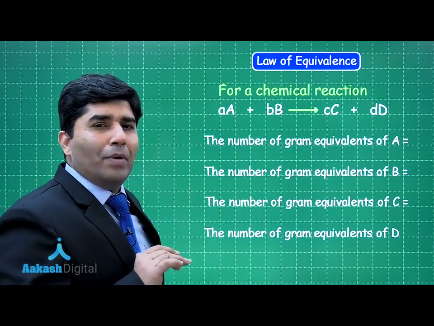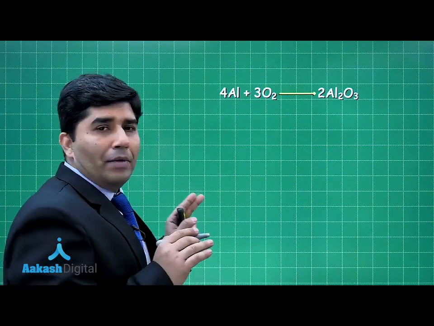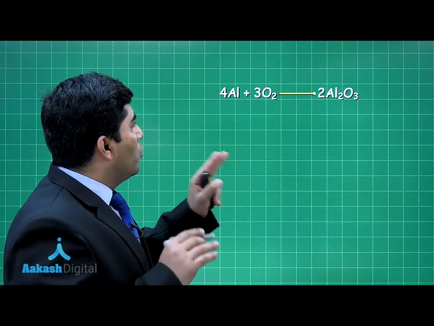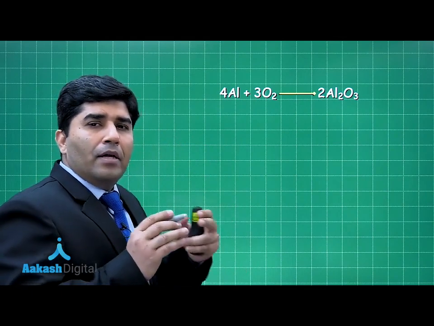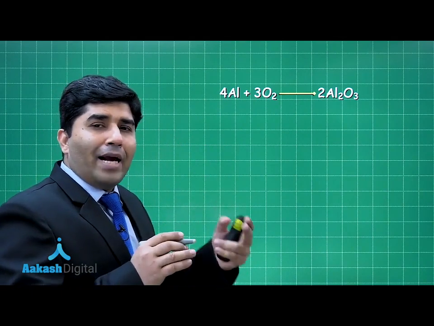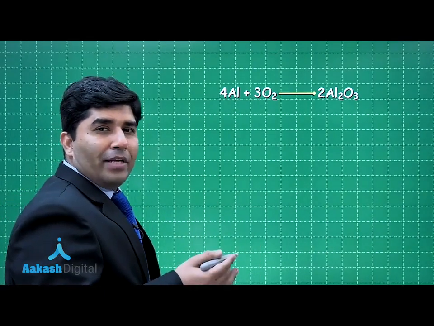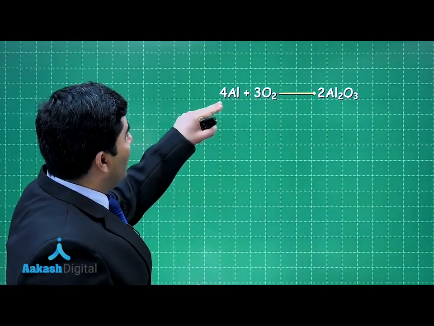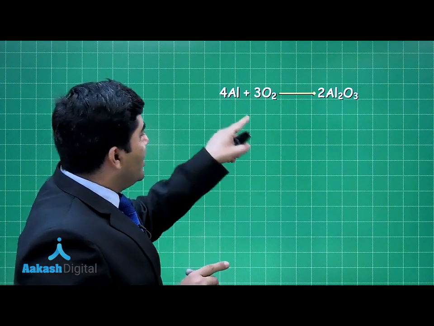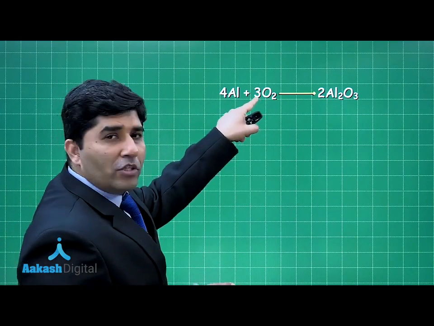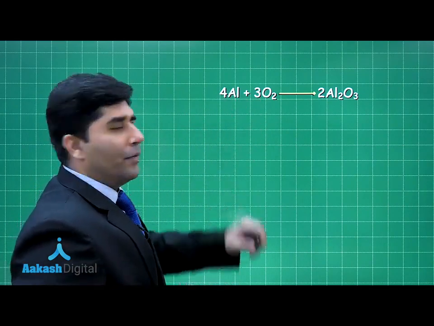Let's take an example: aluminium is oxidized to Al2O3. 4Al plus 3O2 gives 2Al2O3. Let's try to prove that the number of gram equivalents of the reactants are the same. Since it is a complete reaction, the number of moles of aluminium divided by its stoichiometric coefficient, that is 4, is equal to the number of moles of oxygen divided by its stoichiometric coefficient, that is 3.